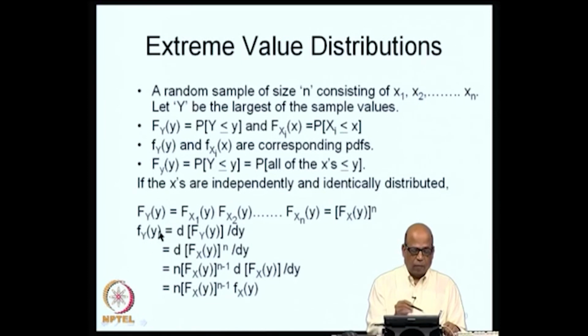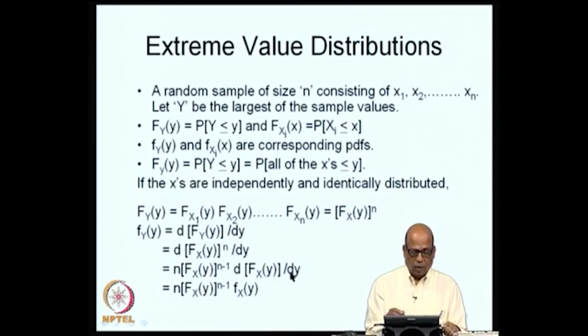So, F y of y, you differentiate with respect to y, you get the PDF. So, d F y of y by dy. With respect to y you are differentiating d of F x of y to the power n, and that becomes n F x of y to the power n minus 1 into d F x of y by dy.